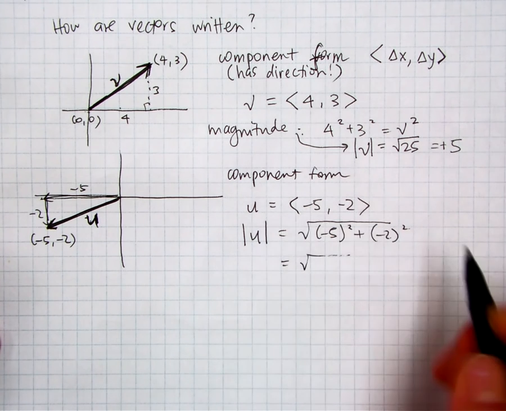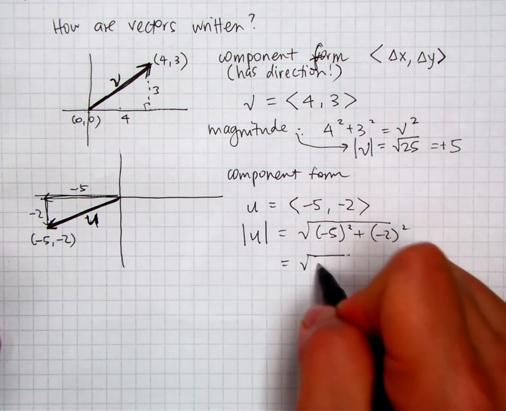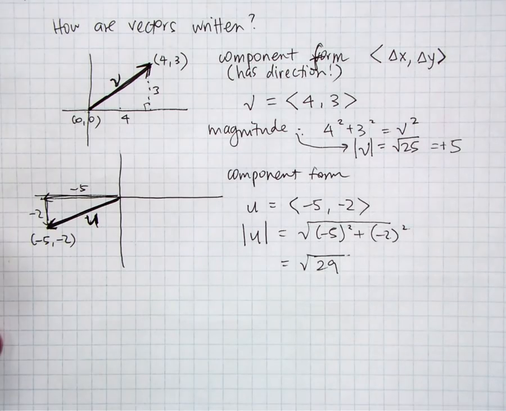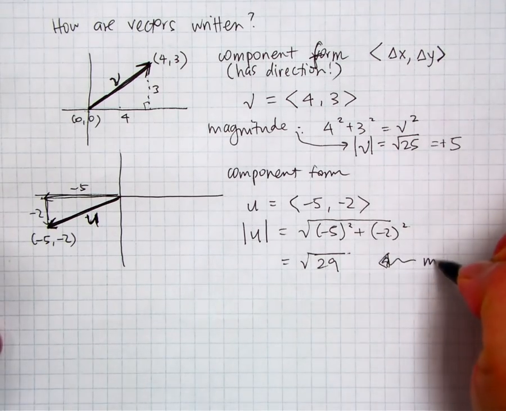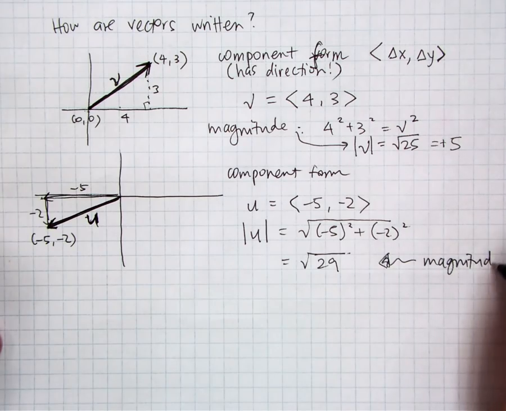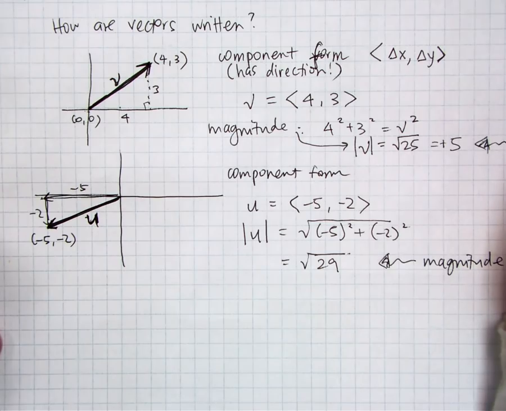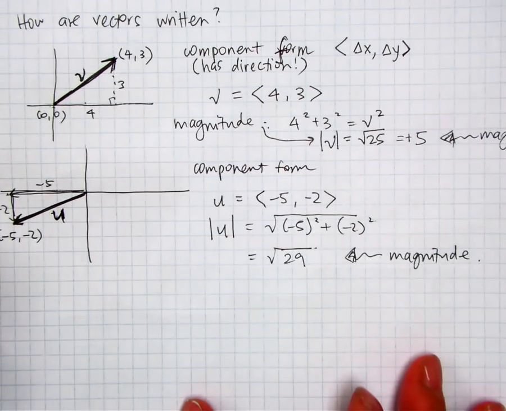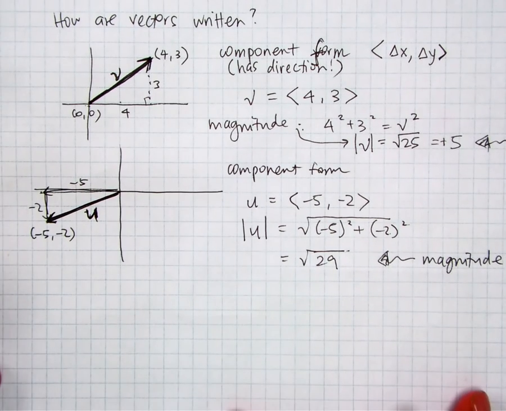It's going to equal the square root of 25 plus 4, which is 29. Okay, so this right here, again, is the magnitude.